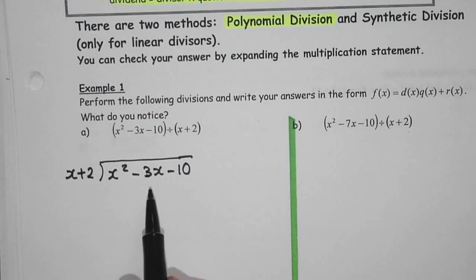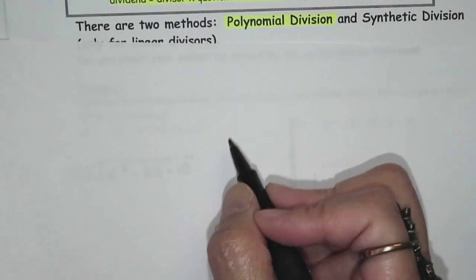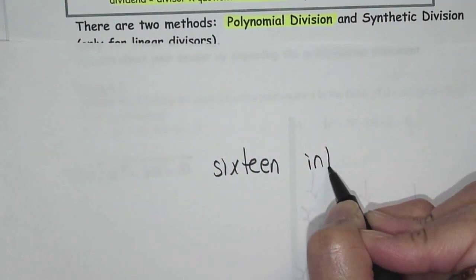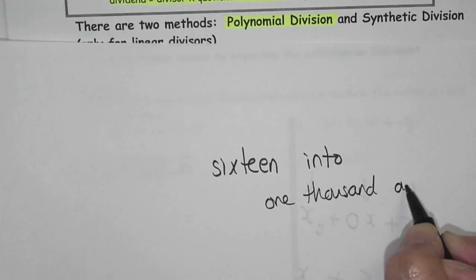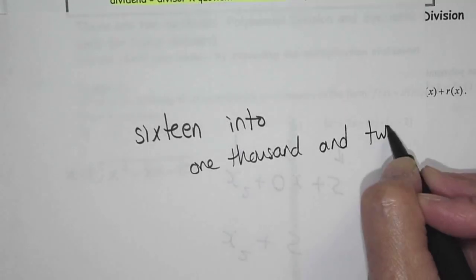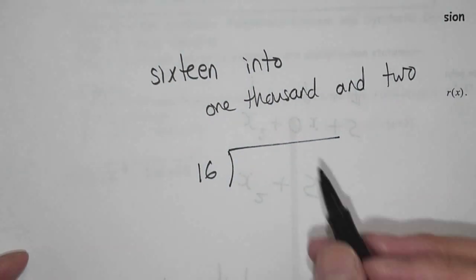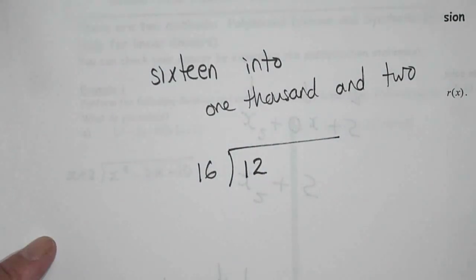Now, whenever you're doing division, I'm just going to point this out right now, you need to fill in the missing numbers. Now, if I said that I want to divide 16 into 1,002, what do you have to do?